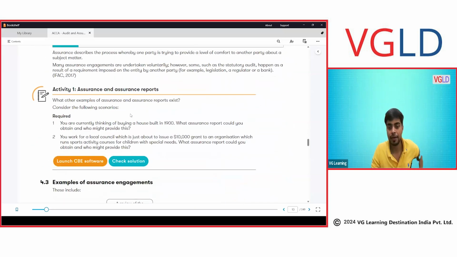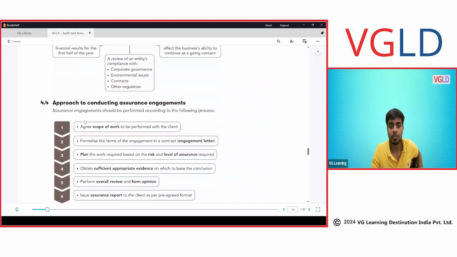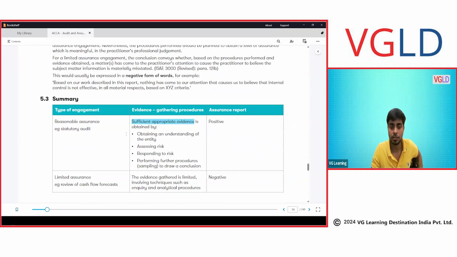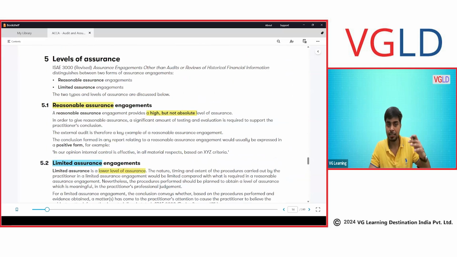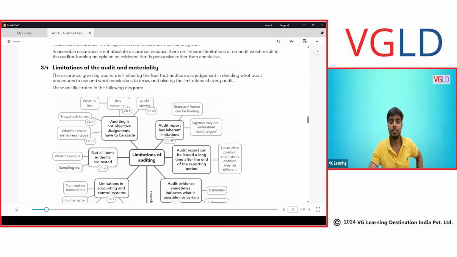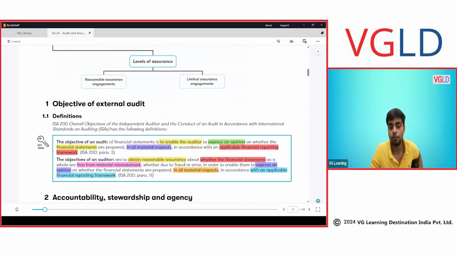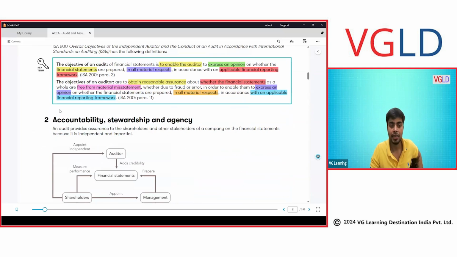This was also one activity. Example of assurance engagement, approach, benefits of assurance engagement, level of assurance. So far we have discussed this piece. Now we discuss chapter number one. Basically, what is the objective of audit? What is the accountability, stewardship, and agency? Let's discuss this piece now.